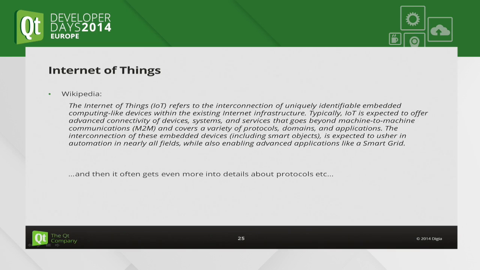It's quite heavy to get a grasp on what the heck this stuff is. However, it's nice that it says that the Internet of Things, or interconnection of these devices, is expected to usher in automation in nearly all fields, so it's obviously something revolutionizing.